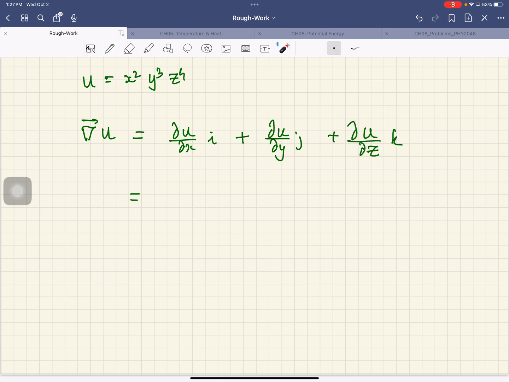Here's how you get the partial derivative. When you're taking the derivative with respect to x, you treat all other variables as constants. So what is del u by del x? These are constants. The derivative of x squared is 2x, so it's 2x.